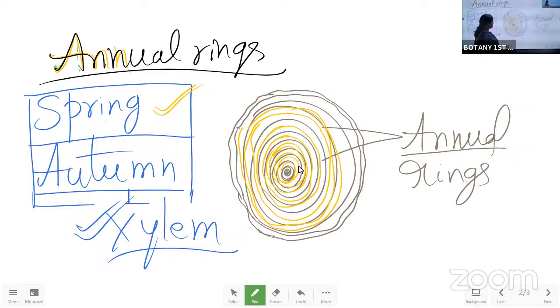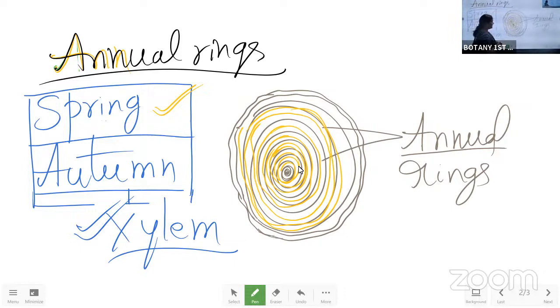So if we count the light colored and the dark colored rings, we can get the age of the plant, but only one kind of ring has to be counted, not both. If we count the dark colored rings, we get the nearby age of the plant body, not exact.